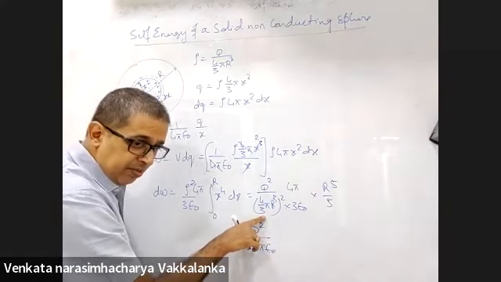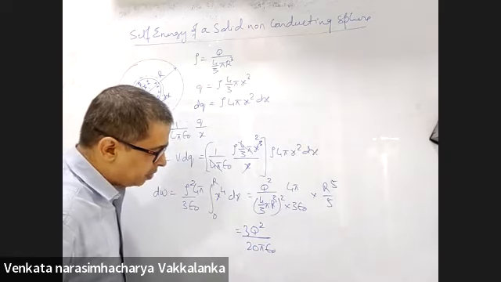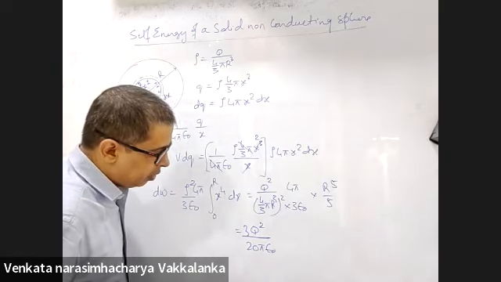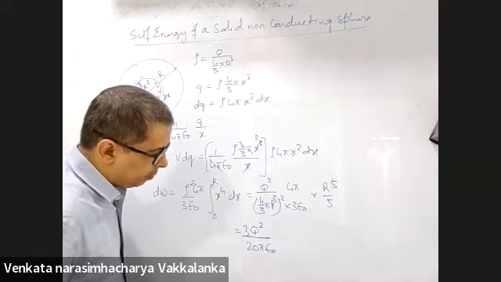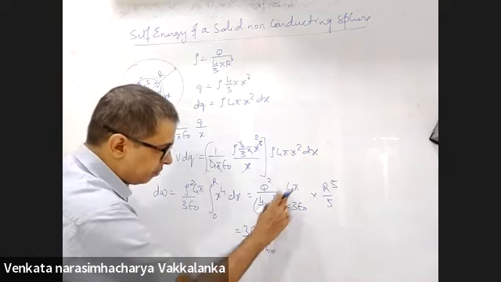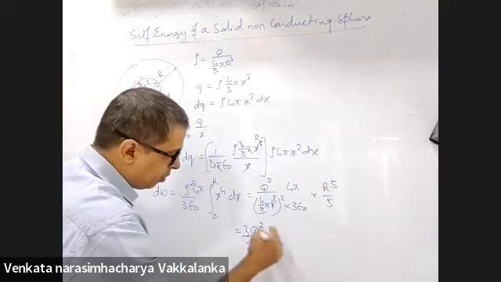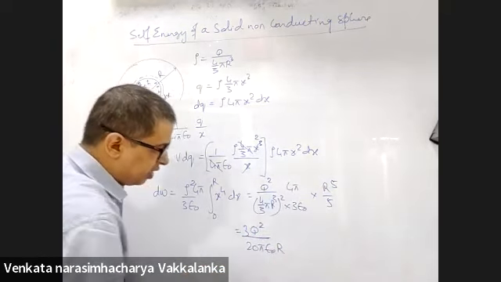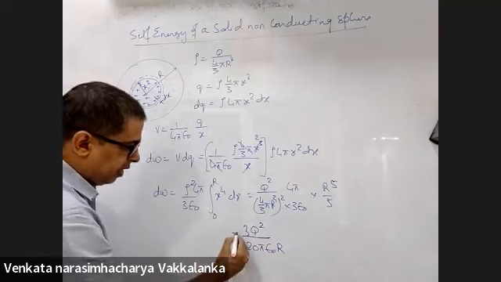I will have 3 left over which will go to the numerator. 3q square by 20 pi epsilon naught. R to the power 5 by R to the power 6, I am left with R in the denominator.